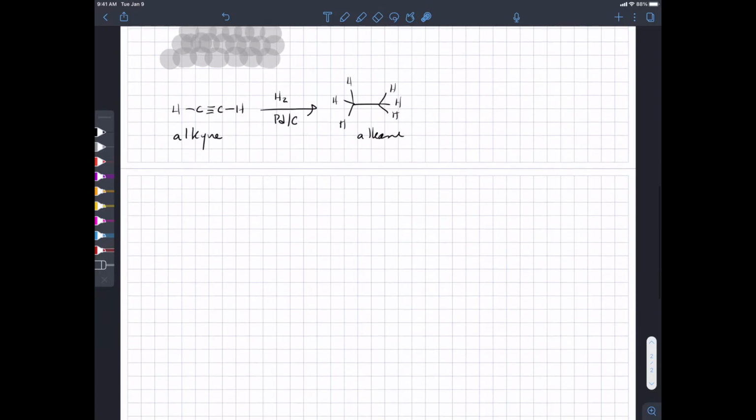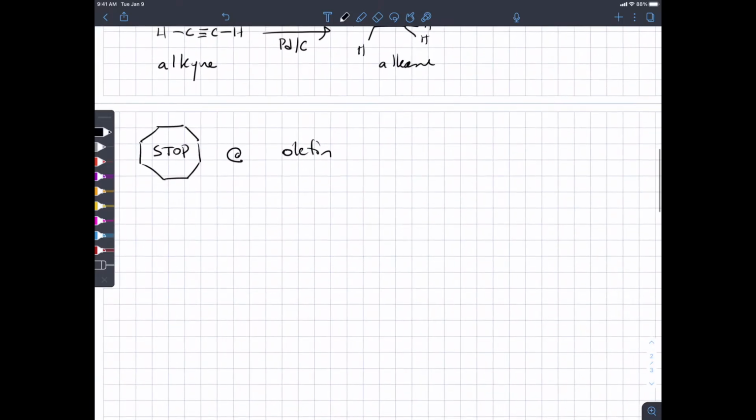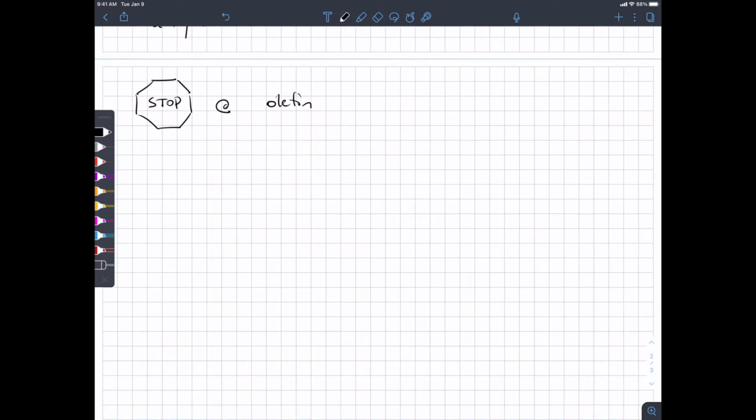Now, what if we wanted to stop at the alkene? What if we wanted to reduce the alkyne to the olefin? Is there a way to do that? There are two strategies for that. The first is to continue to use hydrogen, but use a modified catalyst.